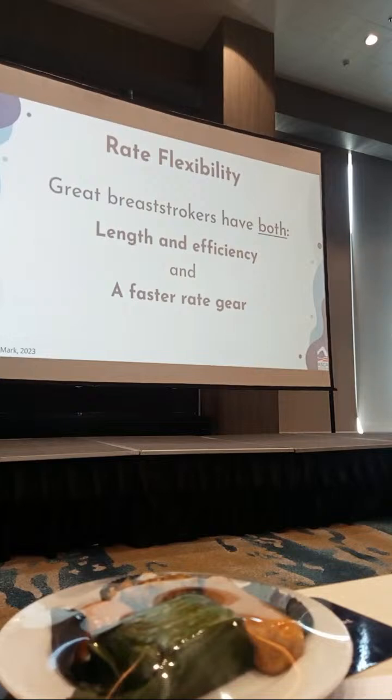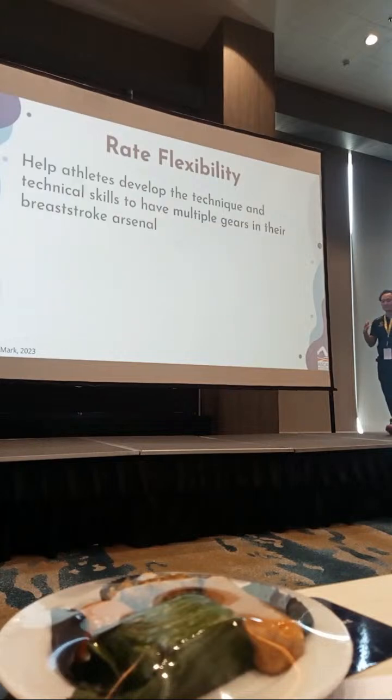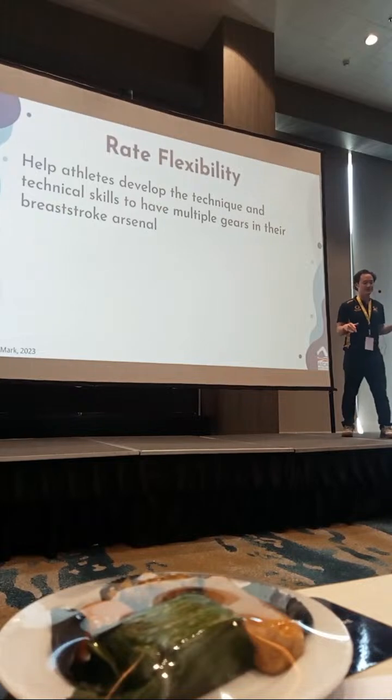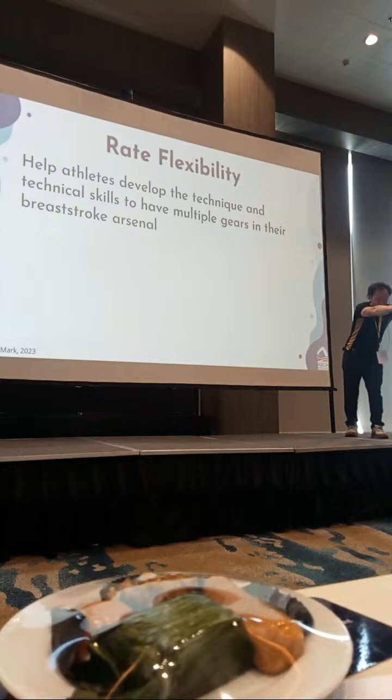And for so long, at least in the US, and I do think many parts of the world, breaststroke has only been about being very long and gliding a lot. And how do you hold your glide?